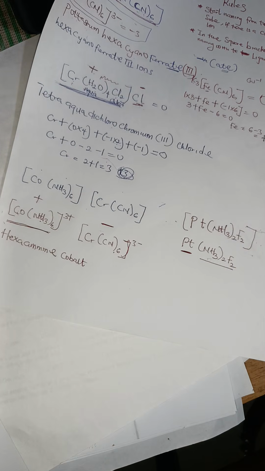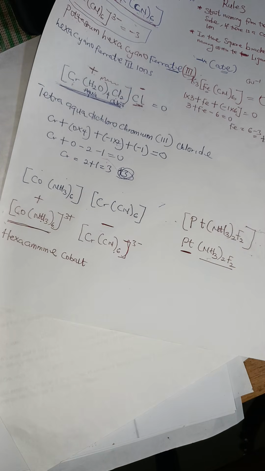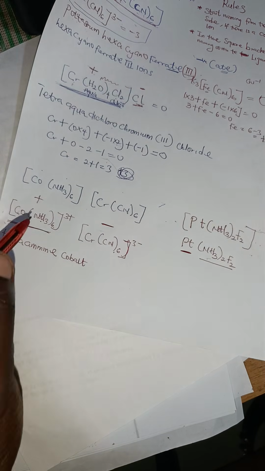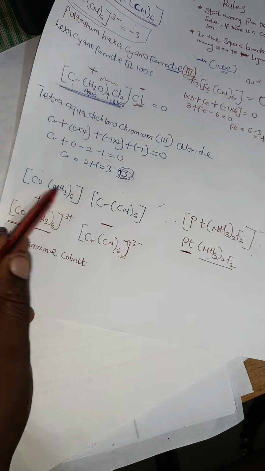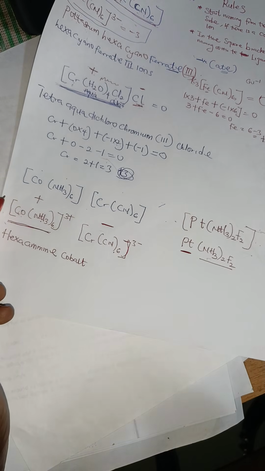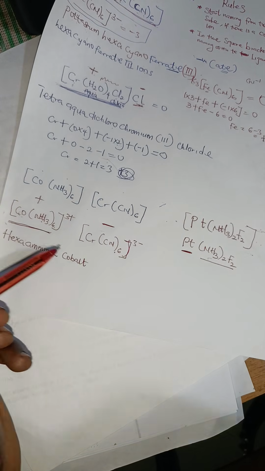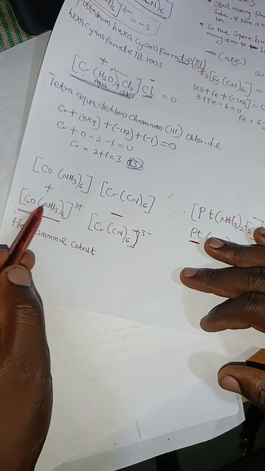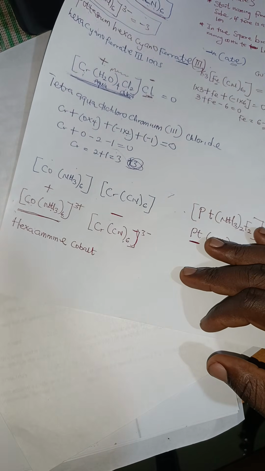Hexaamine, cobalt. Now, take a look at it. I'm not saying cobaltate because this side is the positive side. I think that is clear. Now, I need to look for the oxidation state of cobalt here, which is very, very simple.